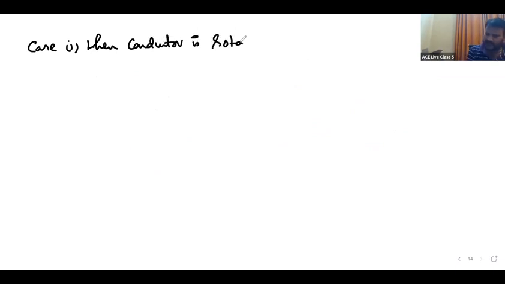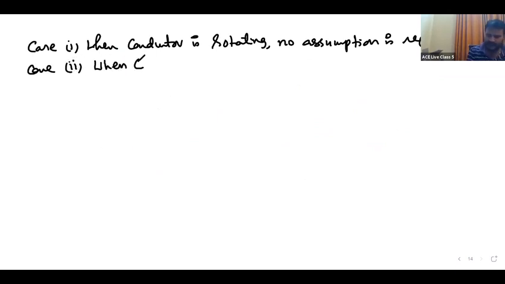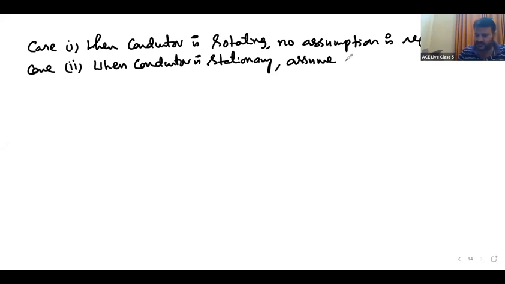When conductor is rotating, no assumption is required. Case 2. When conductor is stationary, assume it will rotate.